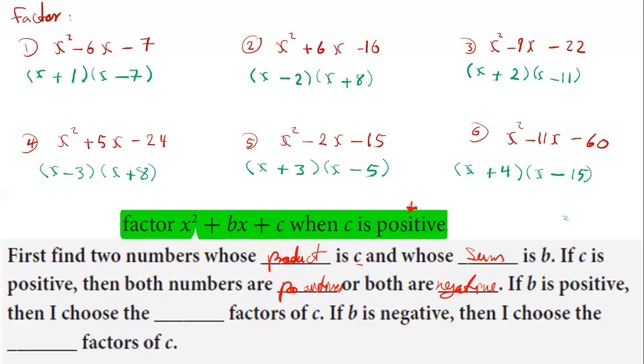If B is positive, so we said the signs inside the brackets will follow the midterm sign, then I choose positive.